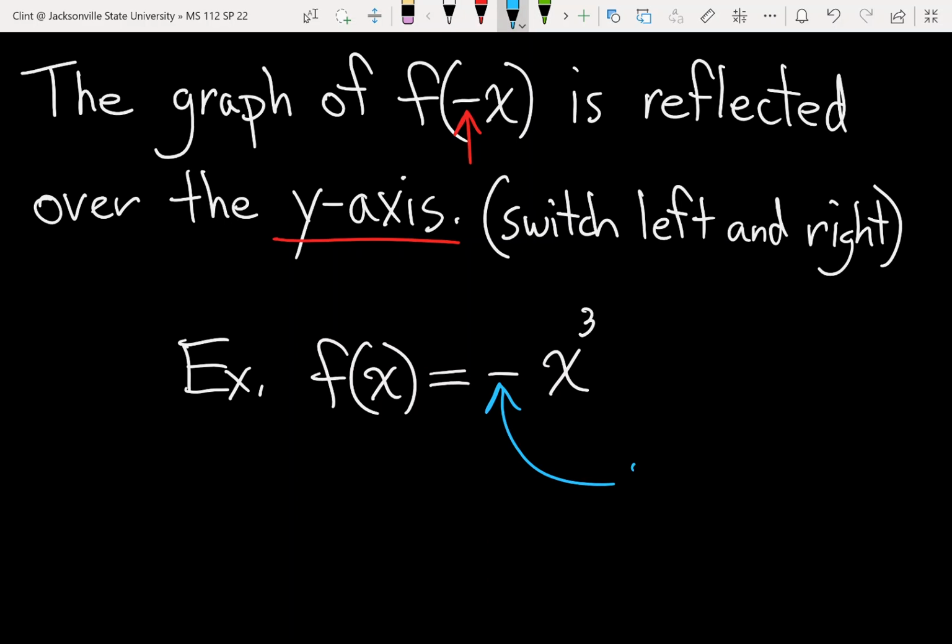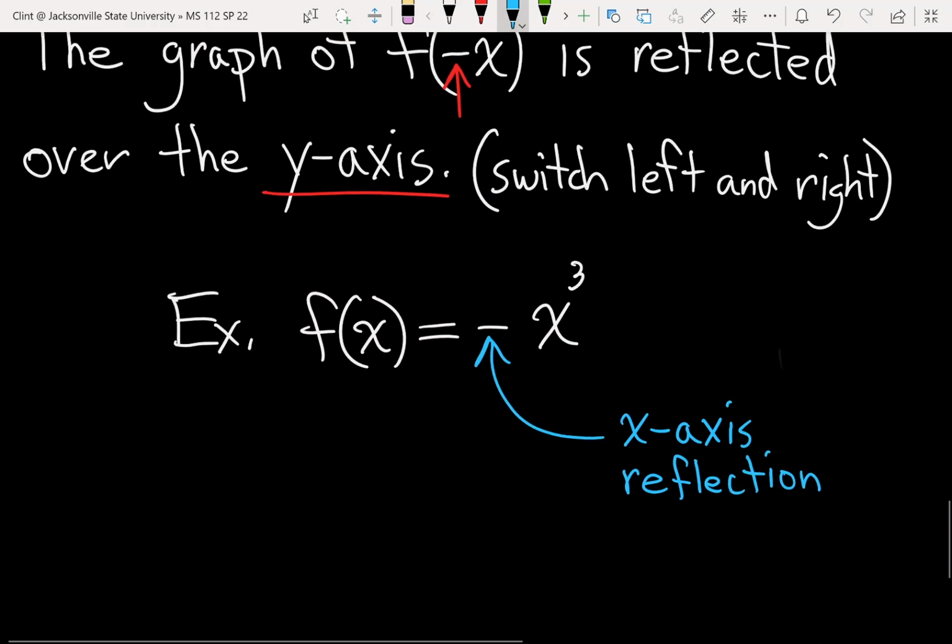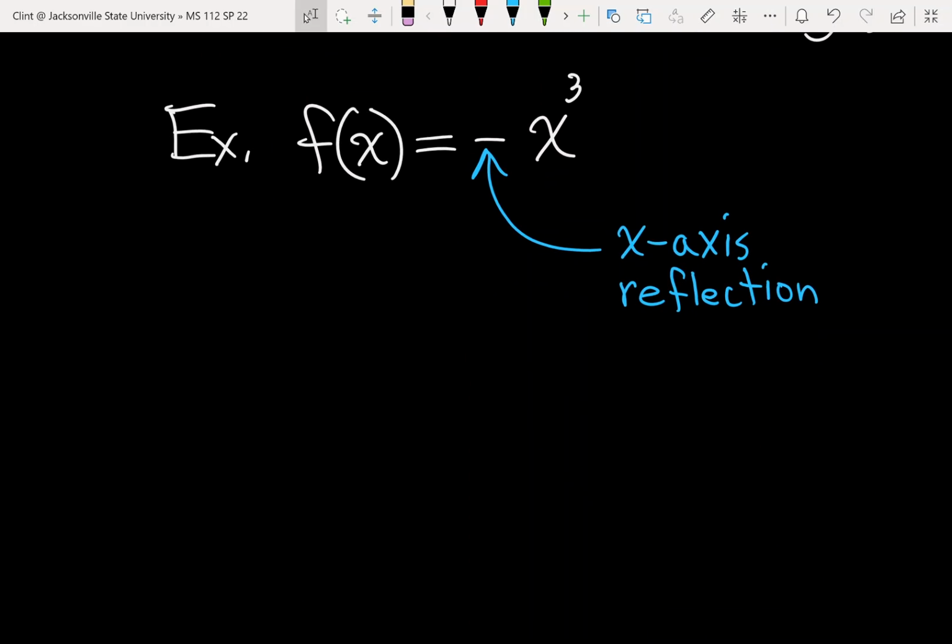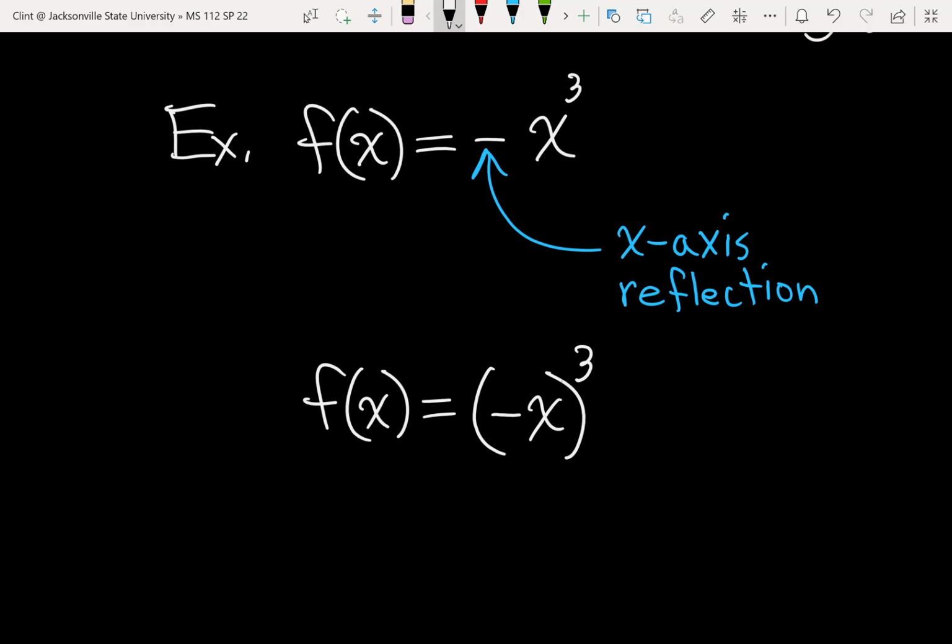So this would be an x-axis reflection. Top and bottom would be switched. If we wanted to do a y-axis reflection with one like that, it would look like this. We'd have parentheses and then negative x, and then that would be raised to the third power.